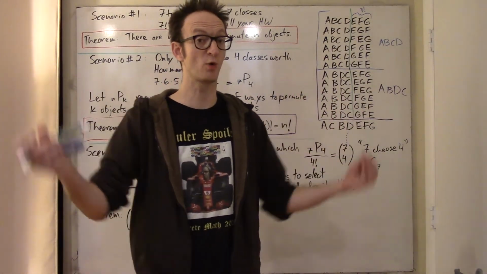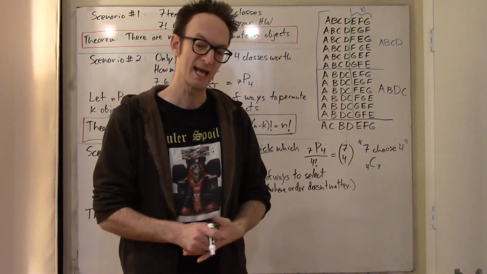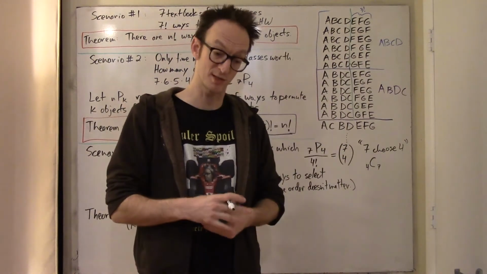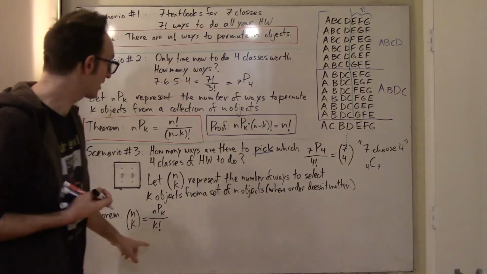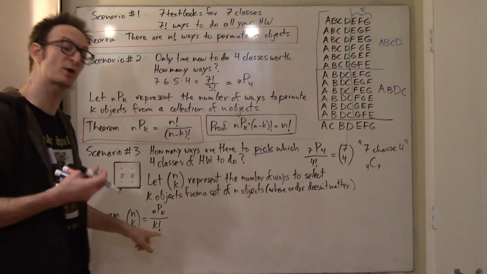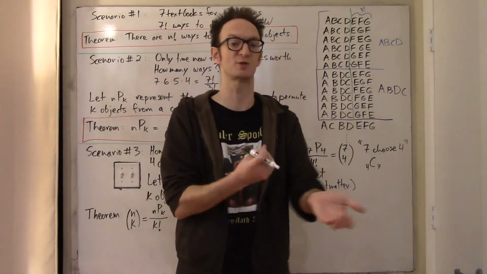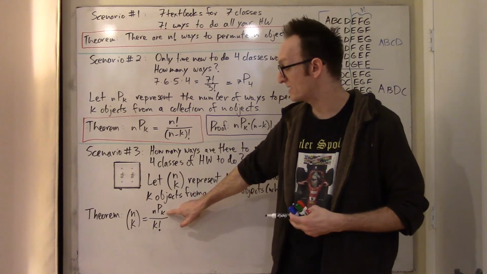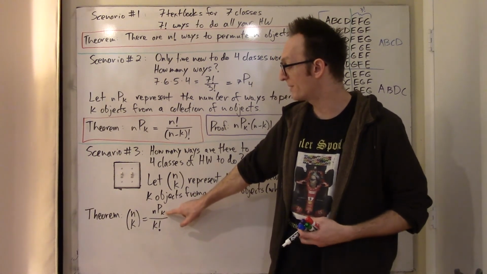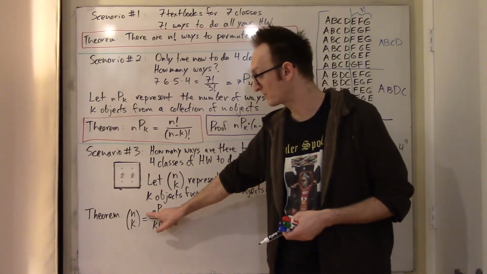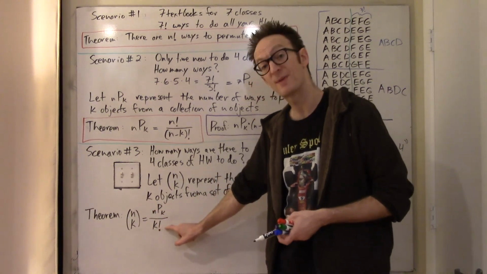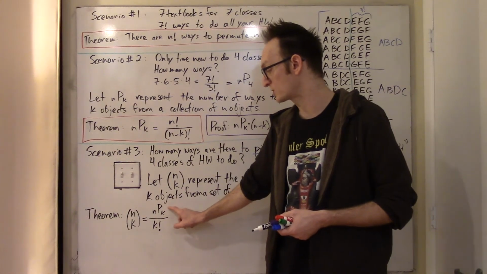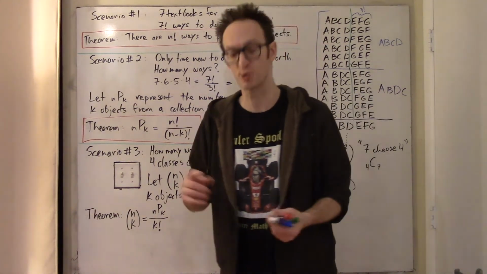Because order doesn't matter, since we're just trying to decide which ones to choose, there are k factorial ways internally to order the k objects that you picked. So if nPk answers the question, how many ways are there to permute k objects from a set of n objects, I want to divide by k factorial, because there are k factorial ways to order these, and I want them to be unordered.